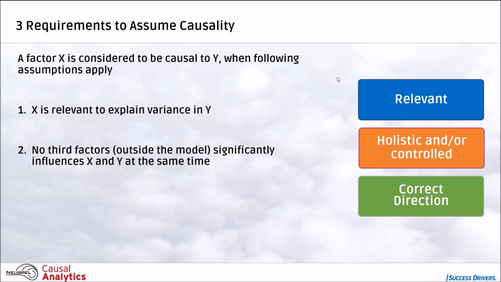Second, there must be no third factor outside the model that significantly influences X and Y at the same time. Granger called this the closed world assumption. So basically, you can translate it into two things you should do.